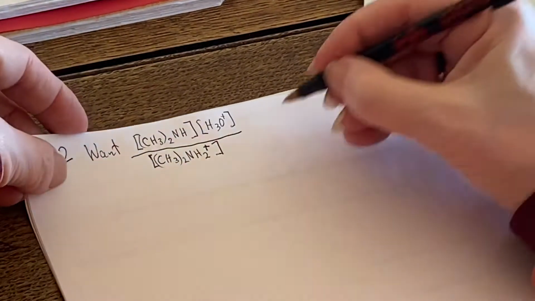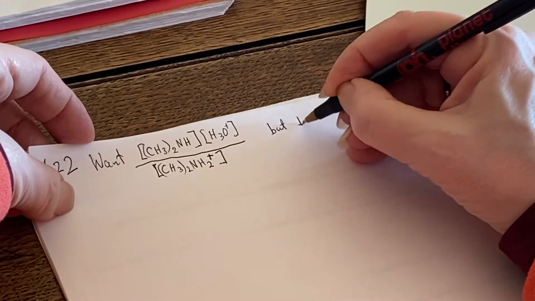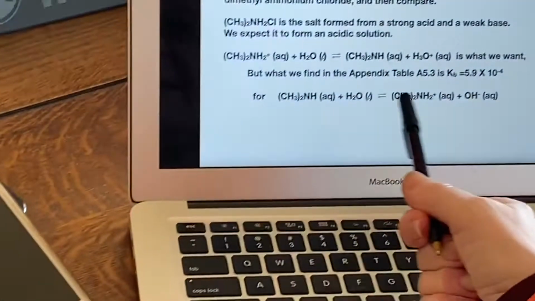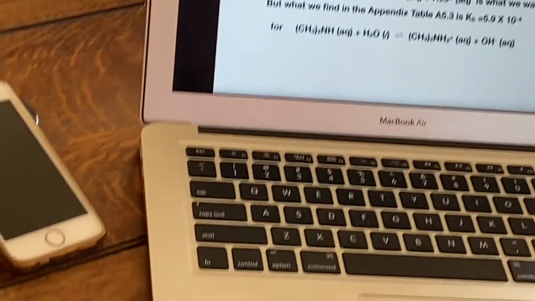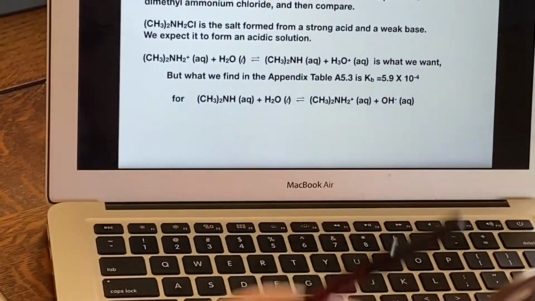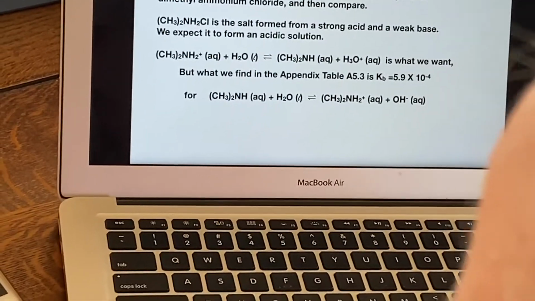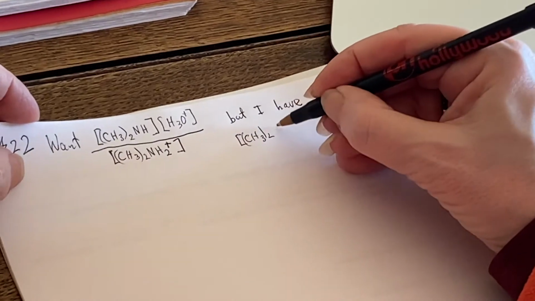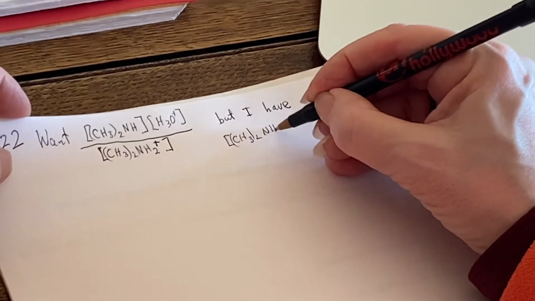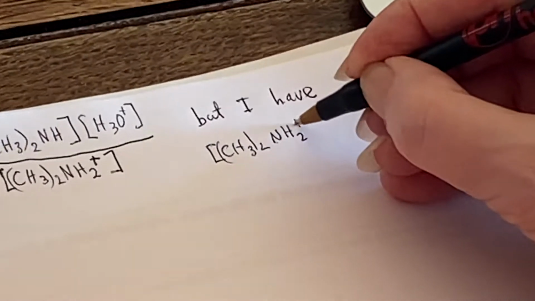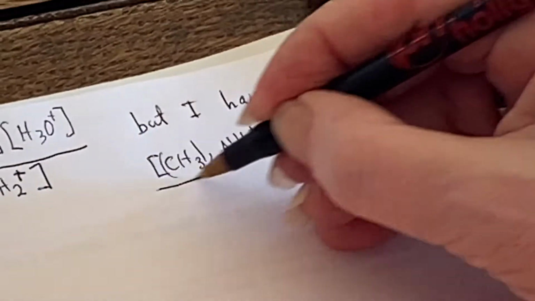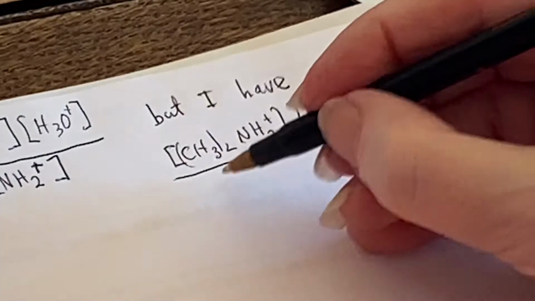What they gave me was for this. So they gave me these two over that. Okay, so I have the (CH3)2NH2 plus, OH minus, over this guy.